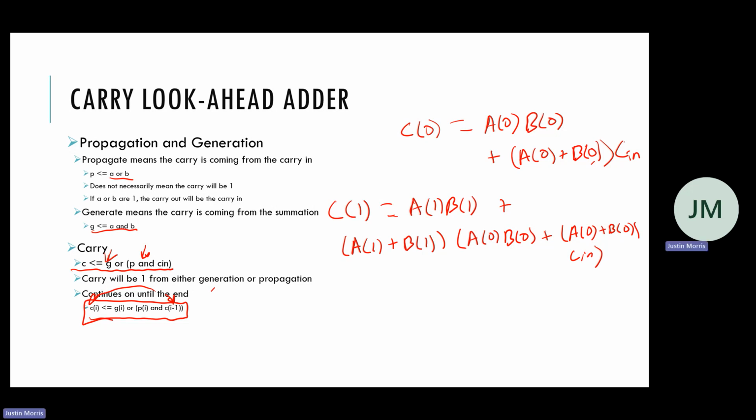Can we call that whole thing C of 0, or do we have to write out the whole previous one? If you do it in data flow, you can create intermediate wires and just use those. If you had C0 as an intermediate wire, it would be a different signal, just C0.